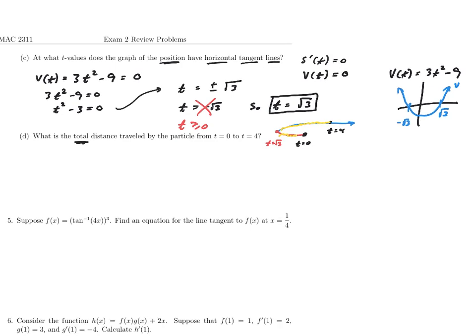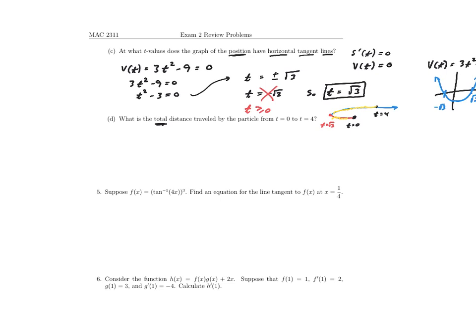So the way I'm going to do this is that the total distance traveled is going to be the absolute value of s of square root of 3 minus s of 0, and then plus the absolute value of s of 4 minus s of square root of 3.